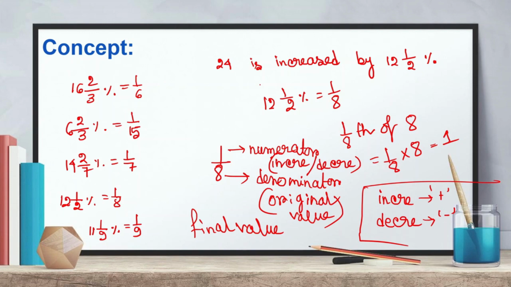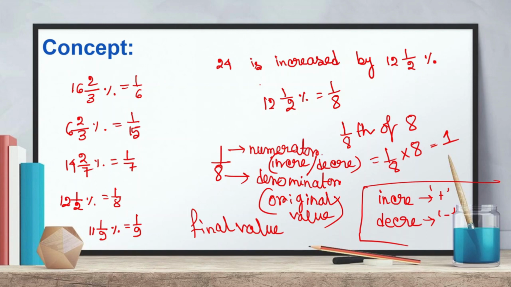So the concept is whatever is in the denominator is the original value, and whatever is in the numerator is increment or decrement, and we denote increment by plus, and decrement by minus.